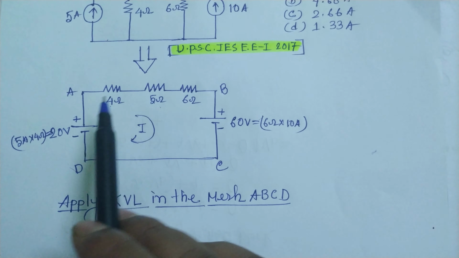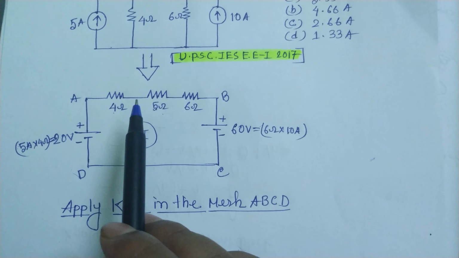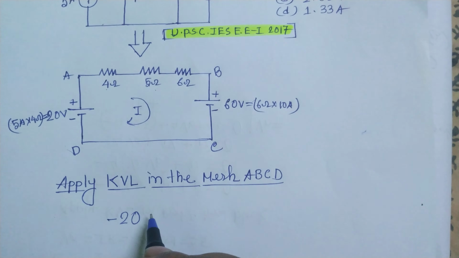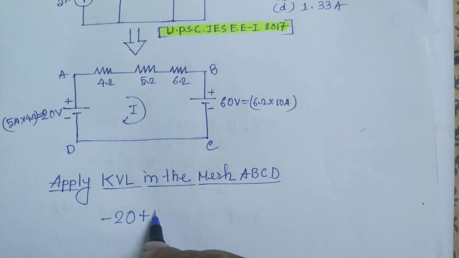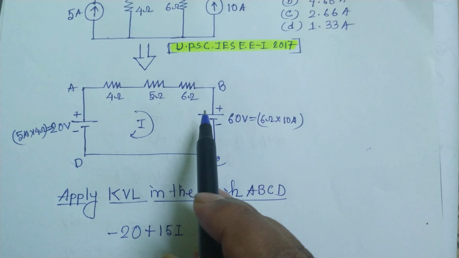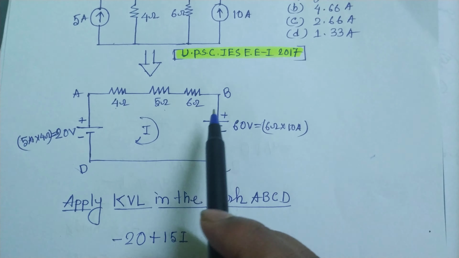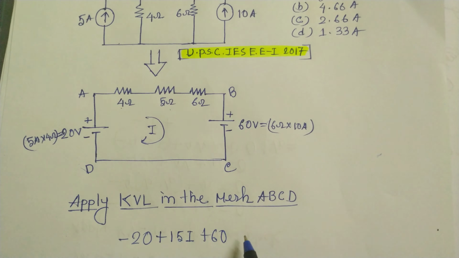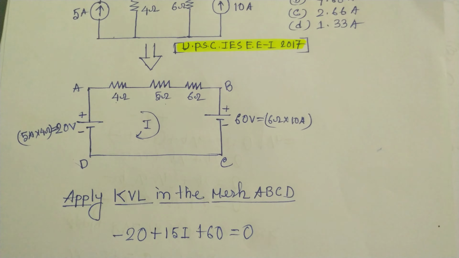So we can write plus 15I, and then the arrow comes to the positive sign of the 60 volt. So plus 60 equals 0.